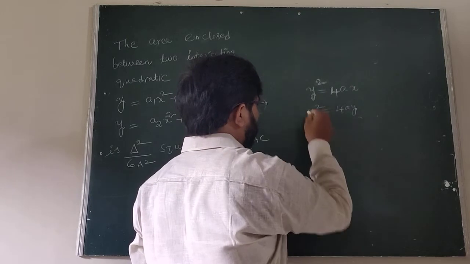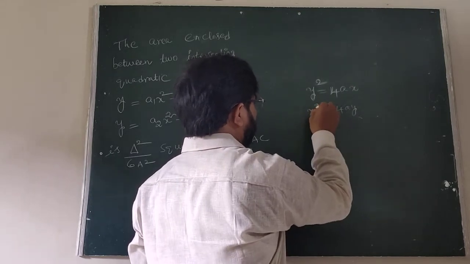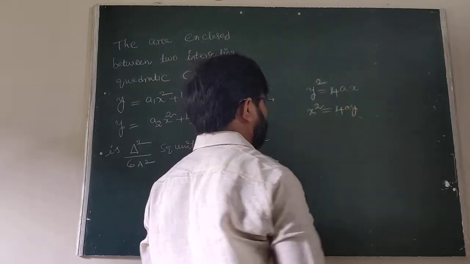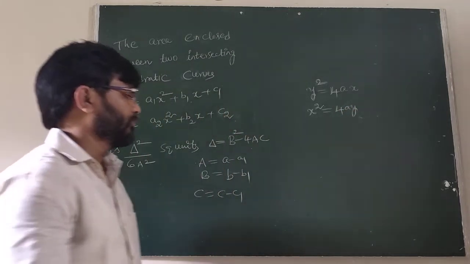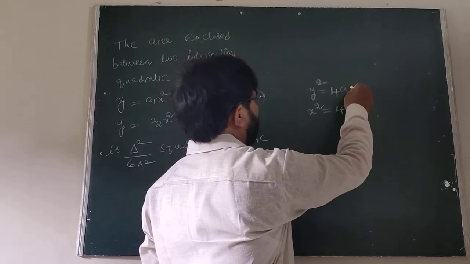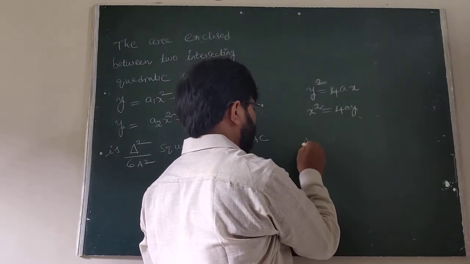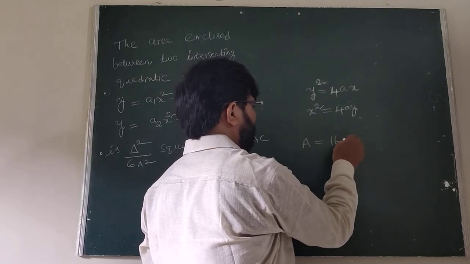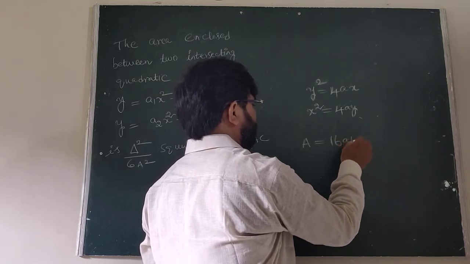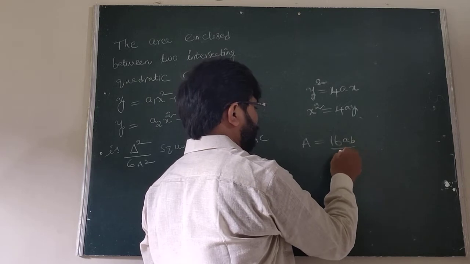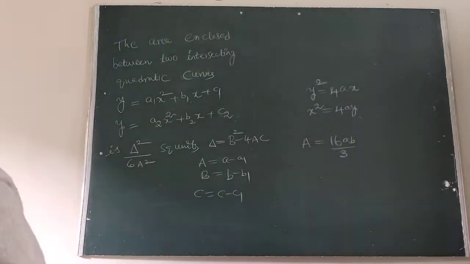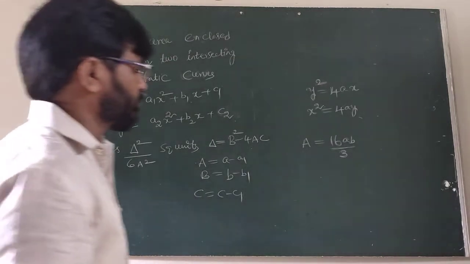Therefore, here the area is 16ab by 3 square units.